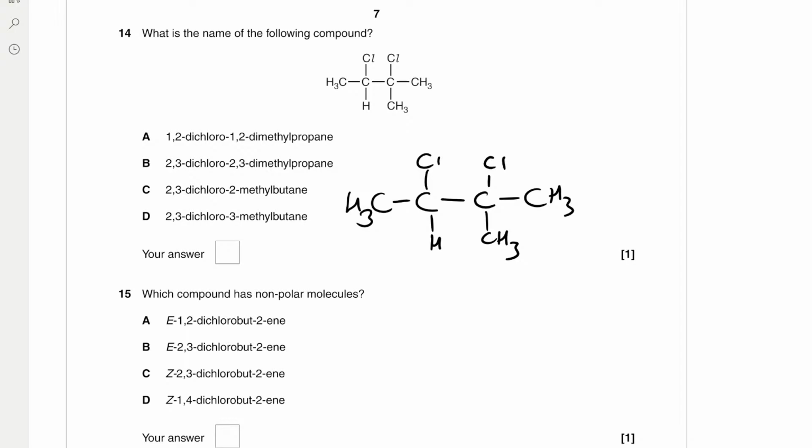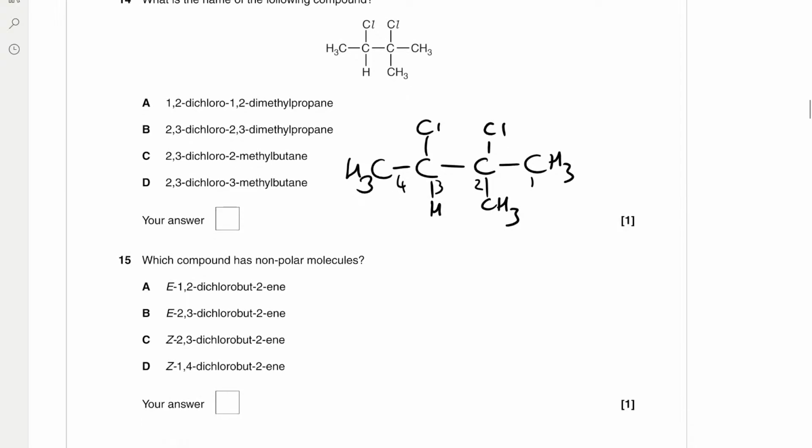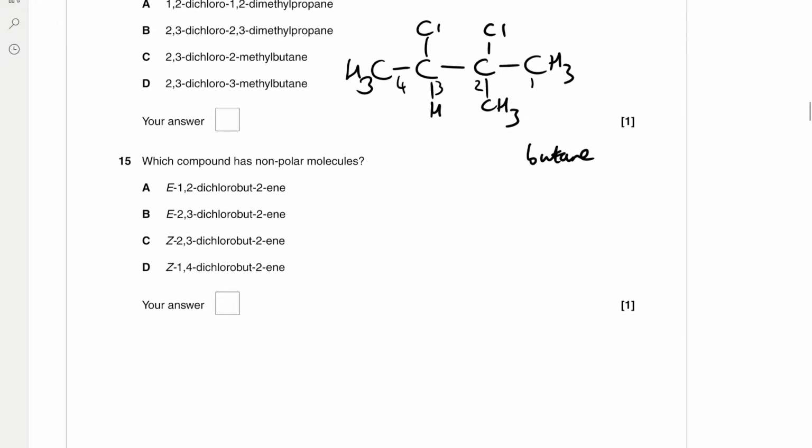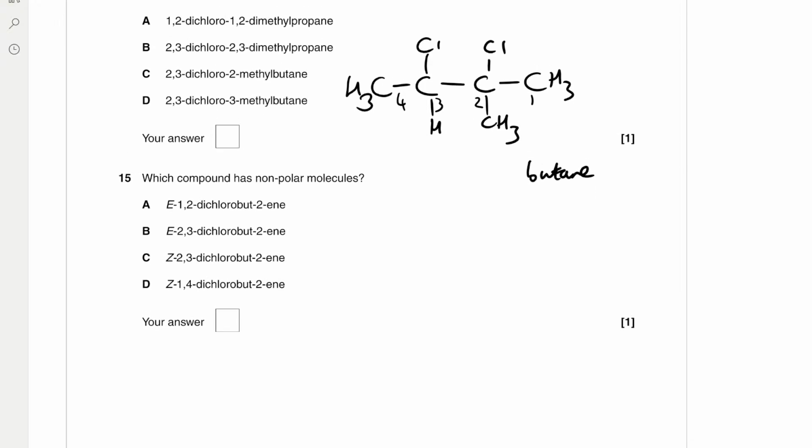We want to identify the longest chain first. So that's 1, 2, 3, 4, which means it must have a butane base. That's the longest chain, is 4, so that's butane. And then we have a methyl group at position 2.